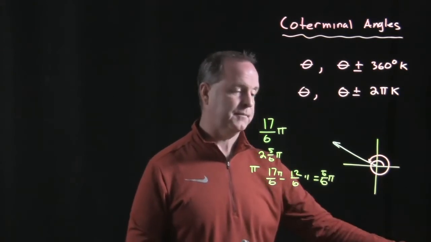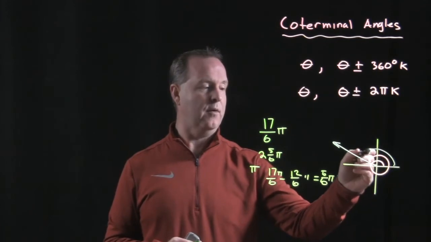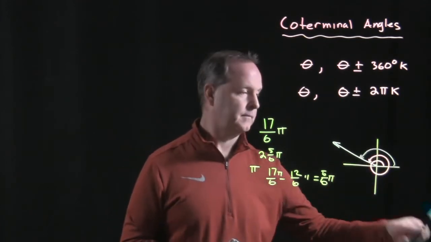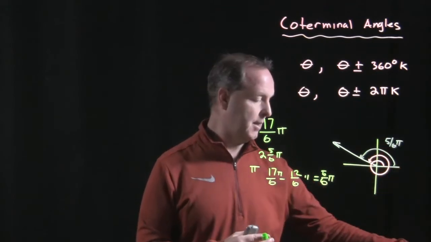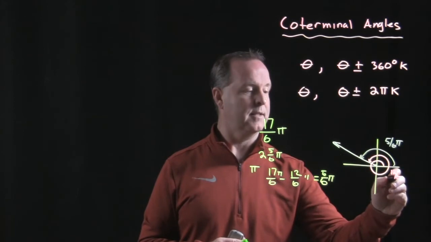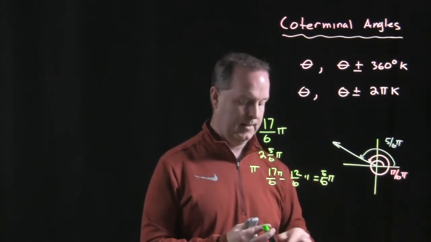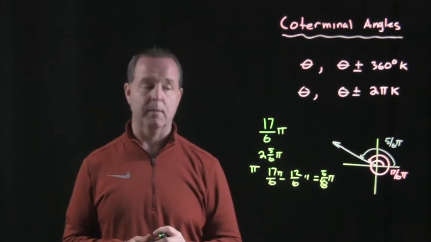And with that, I have another one that's 5/6 of a rotation around. 5/6 pi. And my original one was 17/6 pi. Let me clean that up a little bit. So I can see that those two are coterminal angles.